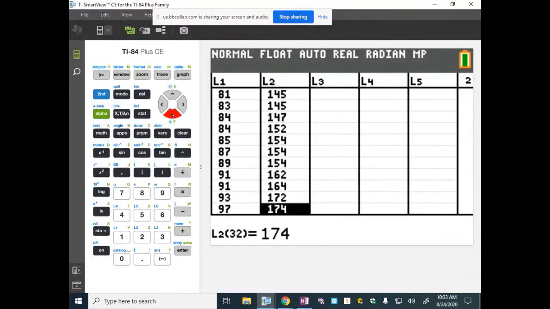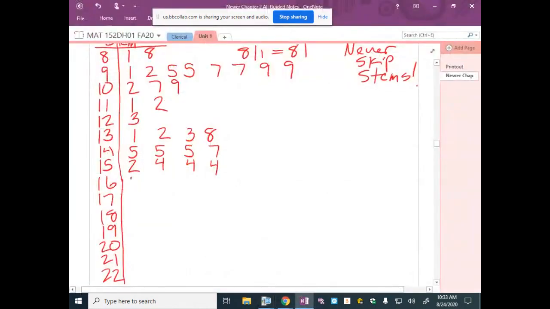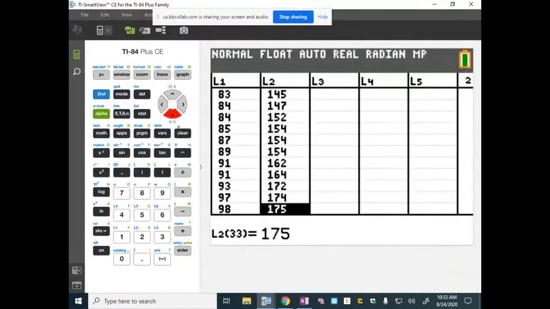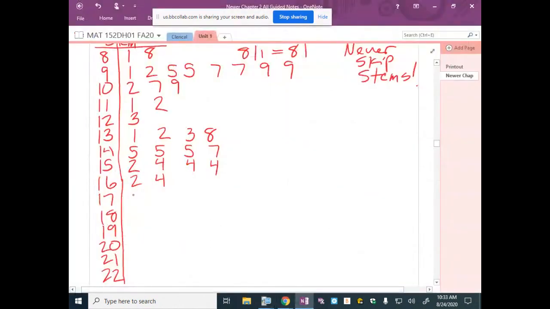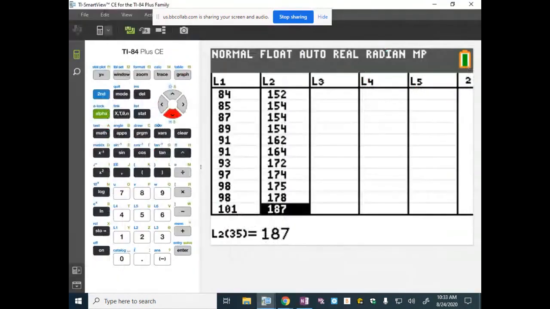The 160s, we've got 2 and a 4. Let's see, 2, 4, 5, and 8. Let's see, we've got 3 7s.